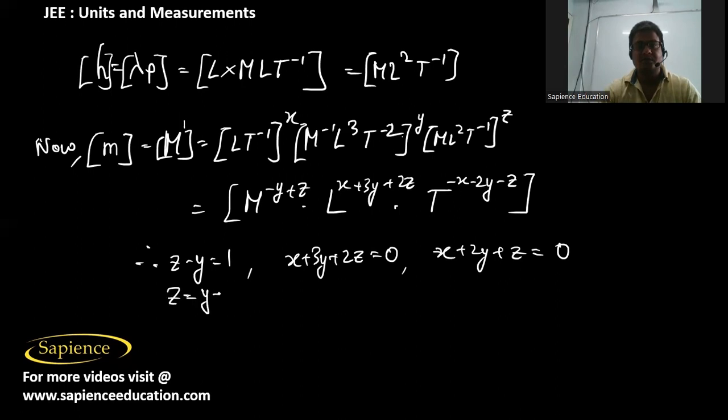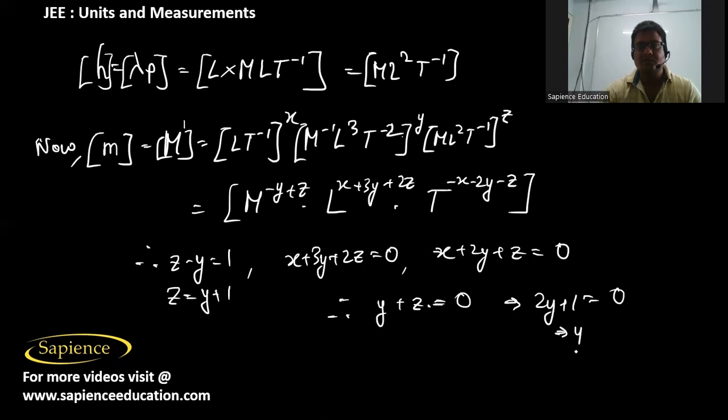So z is equal to y plus 1. If we subtract these two, then we will get y plus z should also be equal to 0. So 2y plus 1 should be equal to 0. So y should be equal to minus half, and z should be equal to minus y, which is half, and x we have to find out.